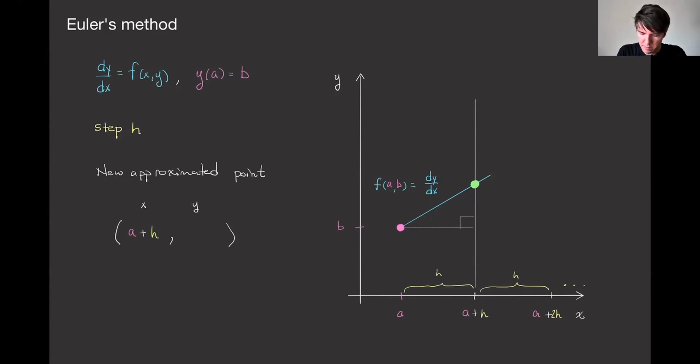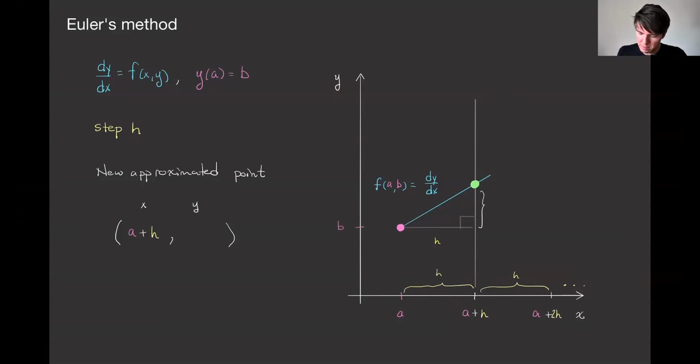It has dy/dx for the hypotenuse, and it has a base of course, h. The only thing left is to find out what this height is, or this change in height, if you will. What's this side of the right triangle?